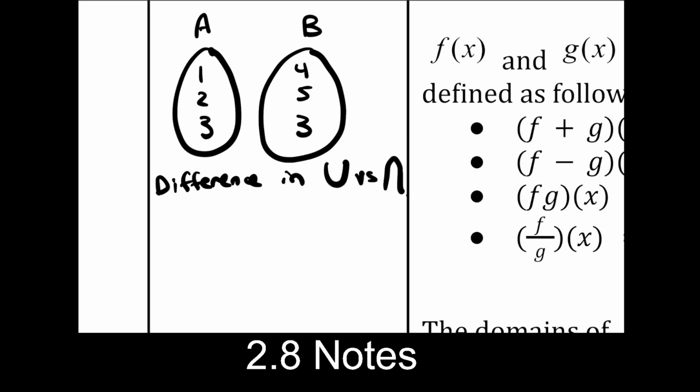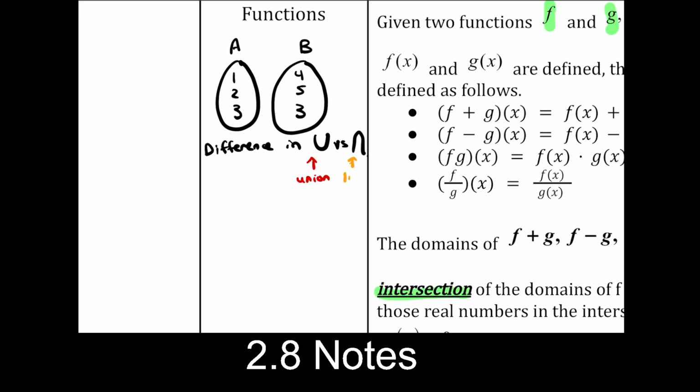So this first one is union, and the second one is the intersection. That's a big word to write here. Intersection. Okay. When we look at A union B, that's going to be all the numbers that occur in either set. In this case, 1, 2, 3, 4, and 5. Right? If the number occurs somewhere, that's great.